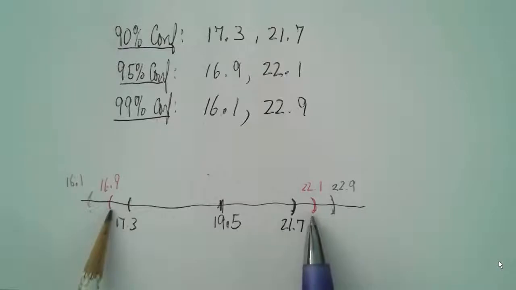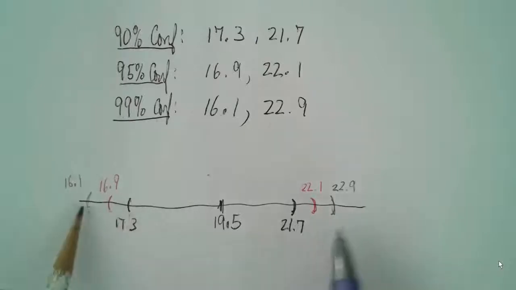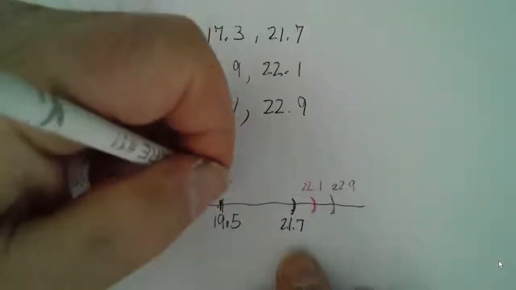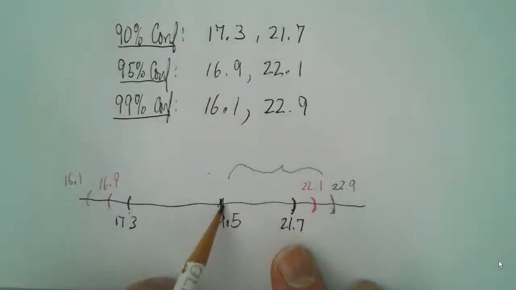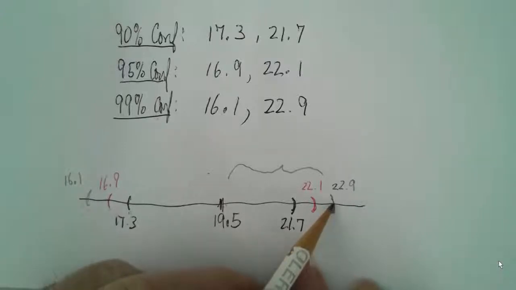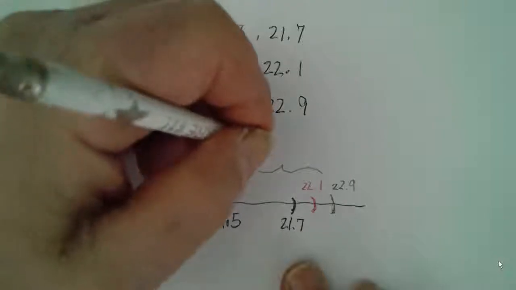We're 95% confident that we're going to be in this narrower range here, and we're only 90% confident that we're going to be in this range right here. That kind of makes sense, doesn't it? If we want to be more confident, then we give ourselves a little bit more room for error. And then, of course, this distance out here from the center out to one end of our interval, whether from here to here or from here to here, that's called a margin of error.